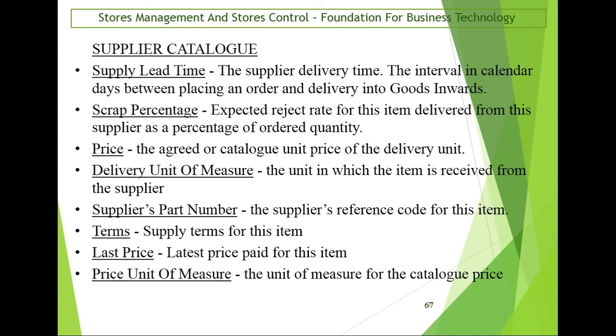So they are using 1 unit for pricing, which is per bottle. Then they are using a different unit for selling, because they are selling a pack of 6 or a pack of 12. So you need to specify in your supplier catalog what is their unit of measure for pricing that specific item.